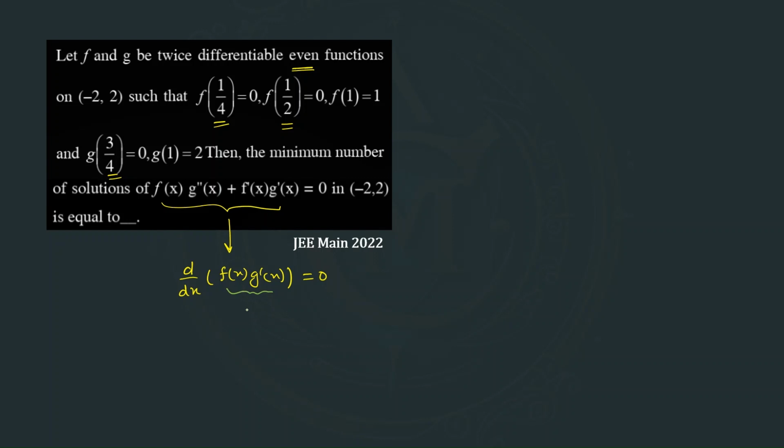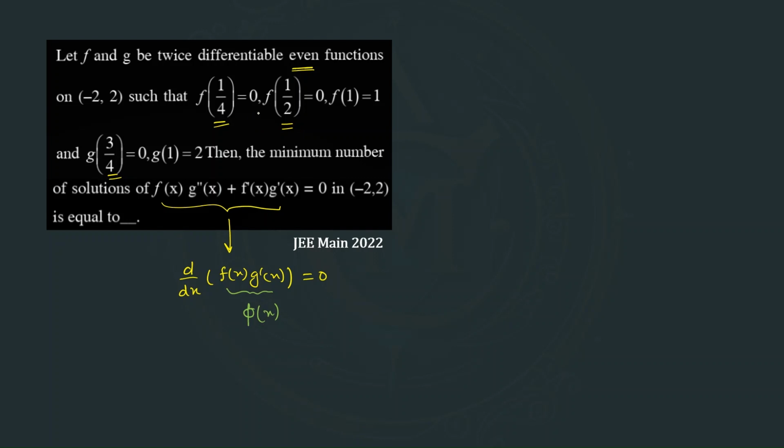So let's say this is phi x, which is equal to f x times g dash x. If phi x has n real roots, then phi dash x should have at least n minus 1 real roots. Now how to find the minimum number of roots of this phi x?